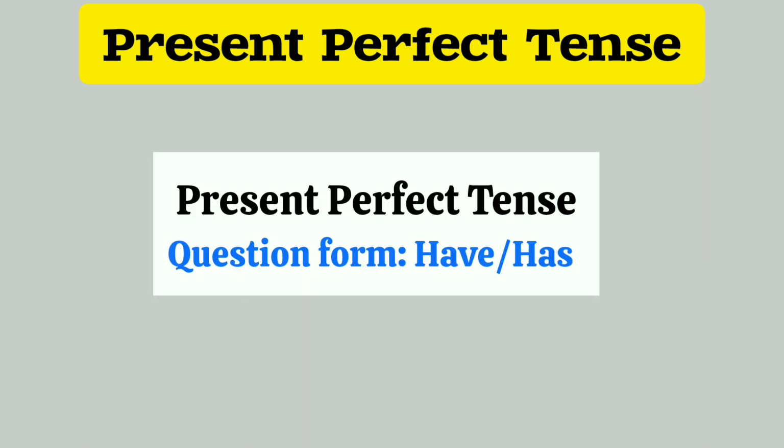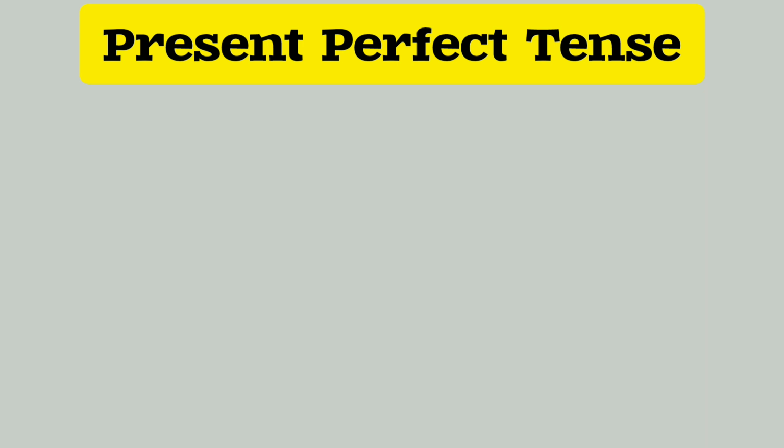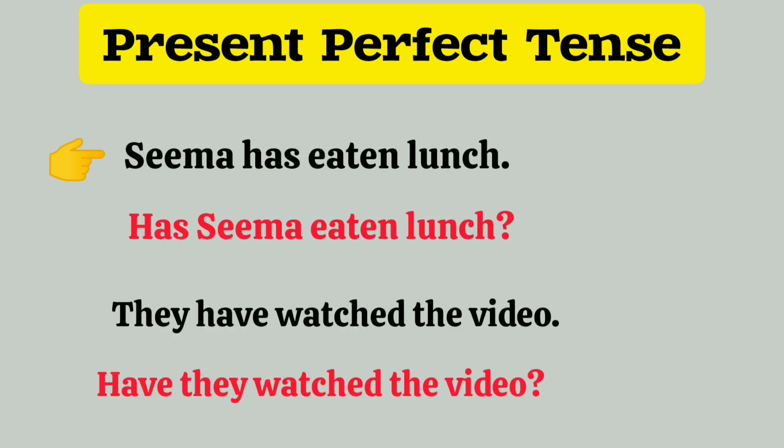Now let us take a look at the have or has question form for the present perfect tense. Seema has eaten lunch. This is a statement, and to turn it into a question, it's quite easy. What you have to do is put has at the beginning of the question.